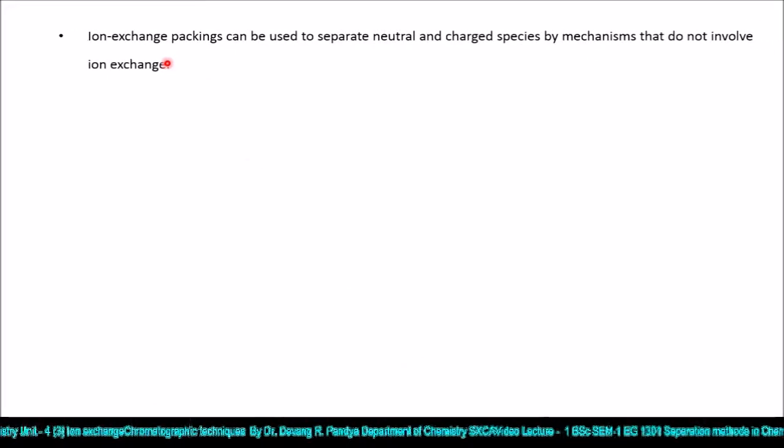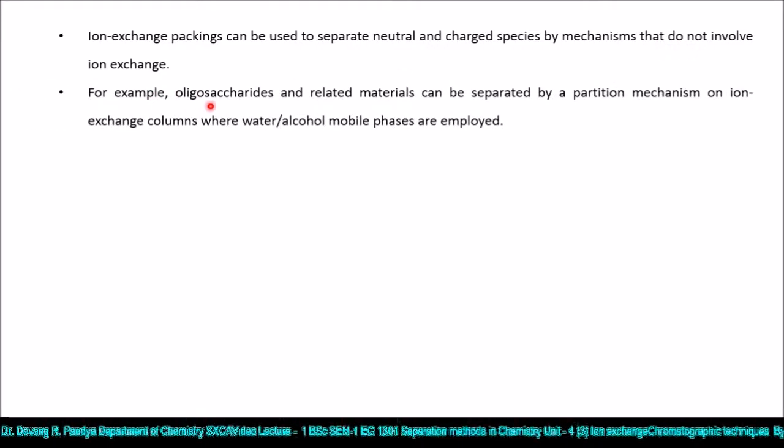Ion exchange packings can be used to separate neutral and charged species by mechanisms that do not involve ion exchange. For example, oligosaccharides and other related material can be separated by a partition mechanism on ion exchange columns where water or alcohol mobile phases are employed.